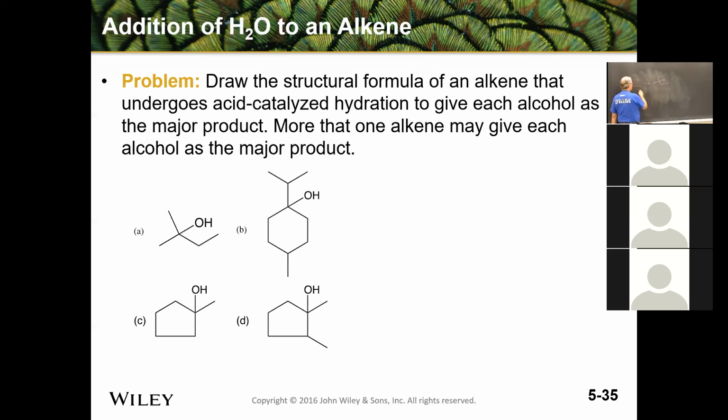That would give you the same alkene. And we should be able to remove an H and an OH from these two positions. And this would give us the correct regioisomer. H would go here, OH would go here.